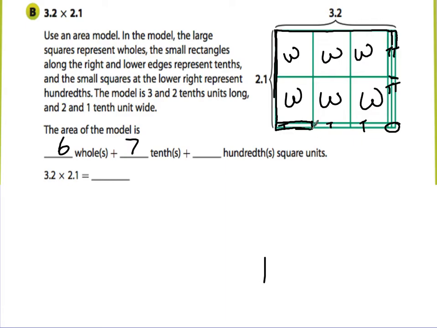So like this is 1, this is 2, this is 3, right? Then 4, 5, 6, 7. And then you ended up these 2 little ones down here. Those are actually hundredths. So if you add those together, you get 6 and 72 hundredths. Okay? So that's what's happening when we're multiplying decimals.